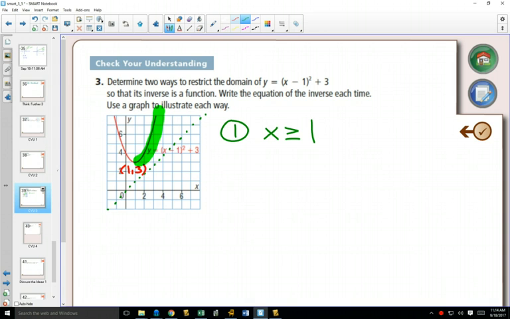(1, 3) is going to switch over here to (3, 1). Another point on this green side would be (2, 4), so that would switch to (4, 2). If you wanted to choose another point, we've got (3, 7), so I could go to (7, 3).